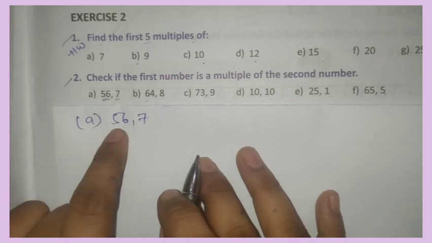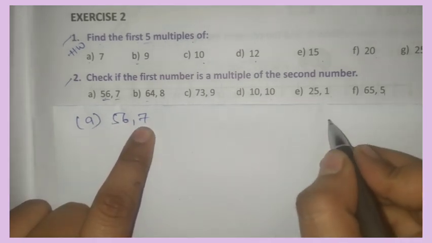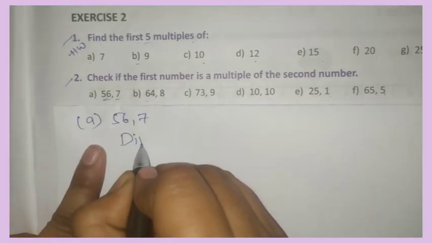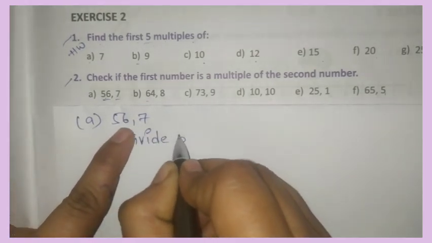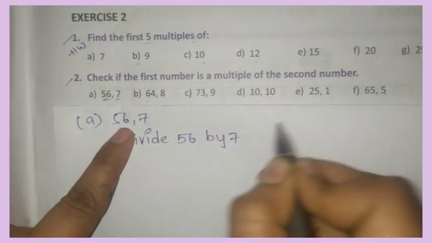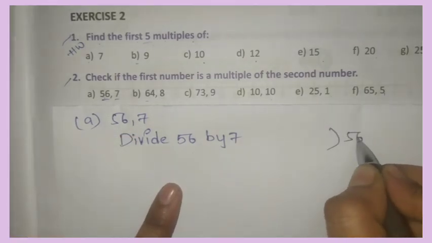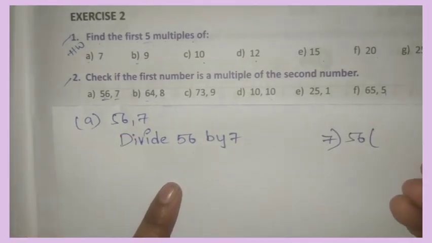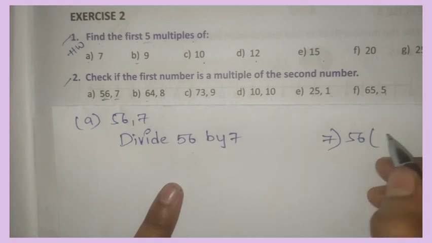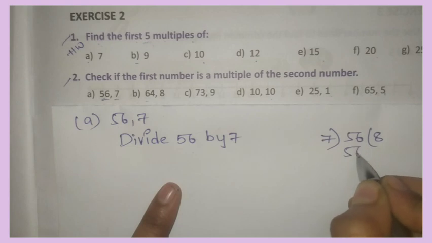To check this, we have to divide 56 by 7. 7 ones are 7, 7 twos are 14, 7 threes are 21, 7 fours are 28, 7 fives are 35, 7 sixes are 42, 7 sevens are 49, 7 eights are 56. So 7 eights are 56.